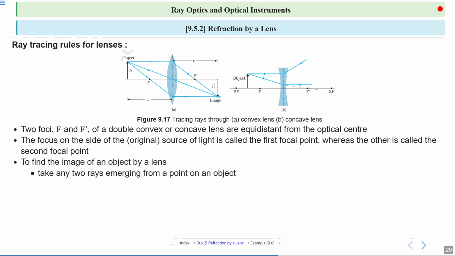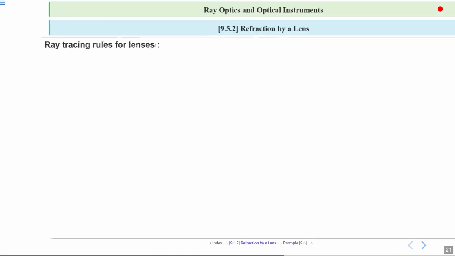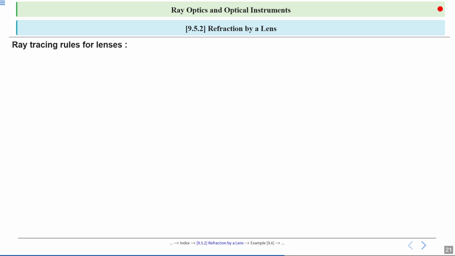So which standard rays are there that we have to take for the ray diagrams? Trace their paths using the law of refraction and find the point where the refracted rays meet or appear to meet. So what are these rays? We will discuss one by one for convex lens and concave lens.